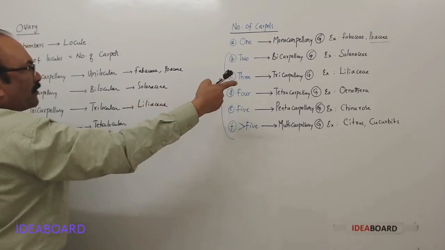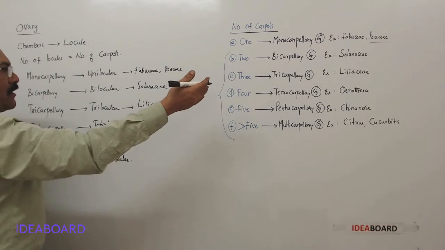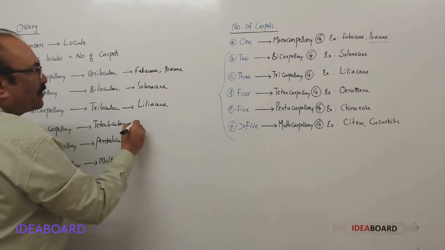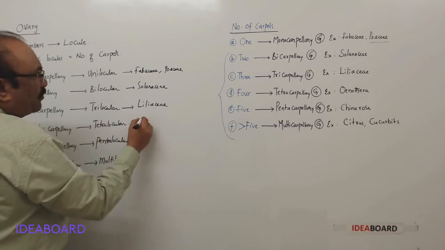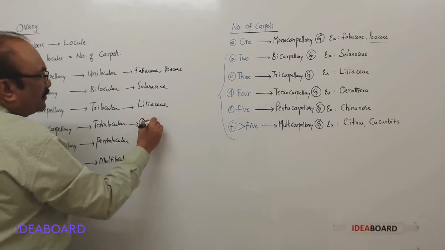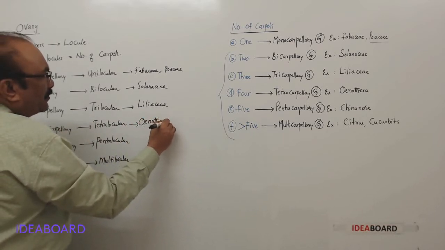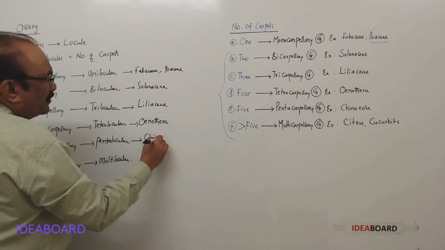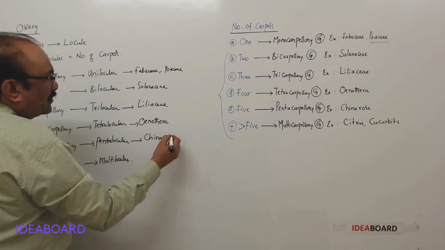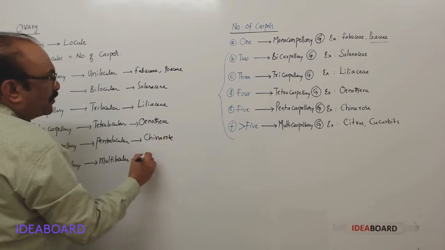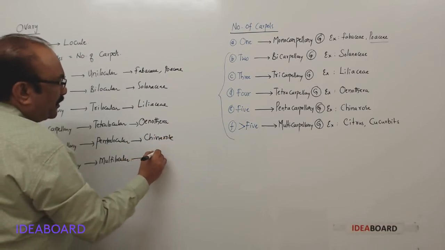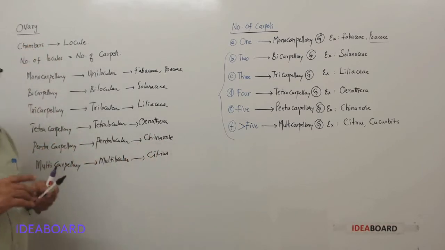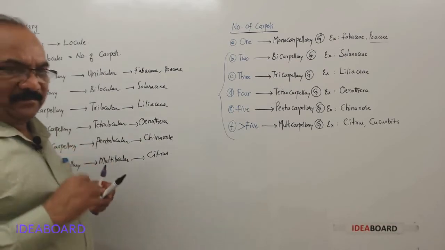I hope you are understanding. I am bringing the same examples here. Tetracarpellary, tetralocular, Oenothera. Pentacarpellary, pentalocular, China rose. And multicarpellary, multilocular, citrus. But I am not taking cucurbits. Why?